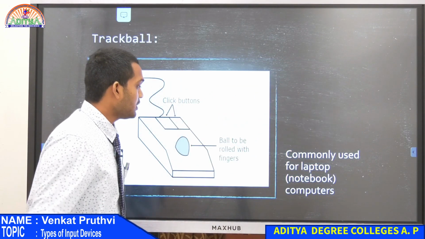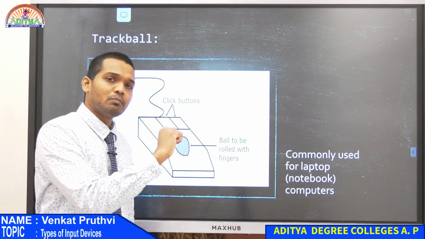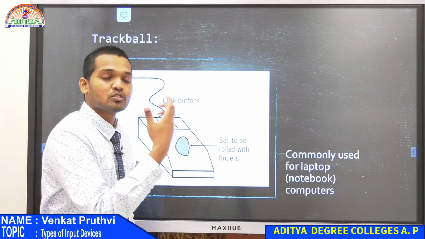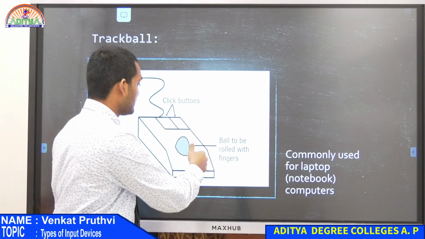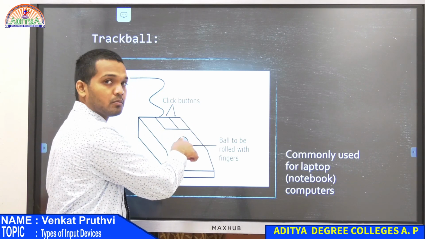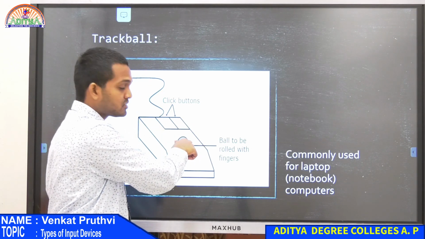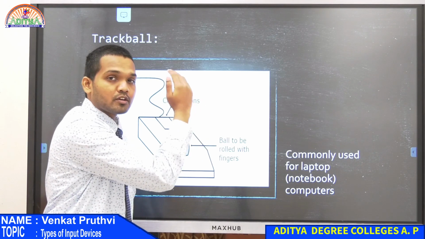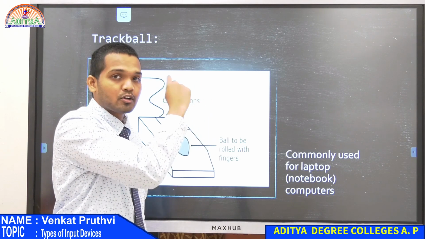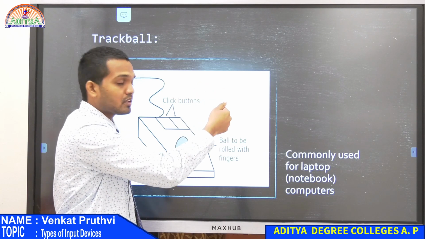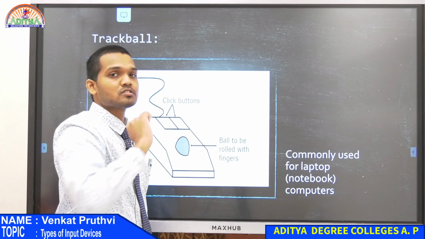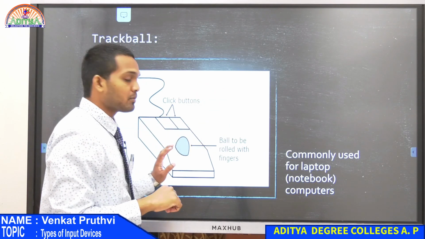But with trackballs, you only have to use your thumb. Mostly for trackballs, they used their thumb finger. With the thumb finger, they made their operations, and wherever they wanted to point the arrow, they would take it there, and with these click buttons, they used to select it. That is how trackball was used.